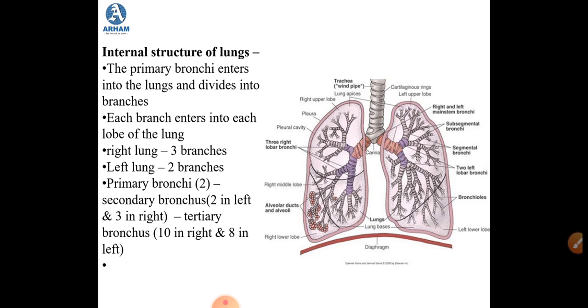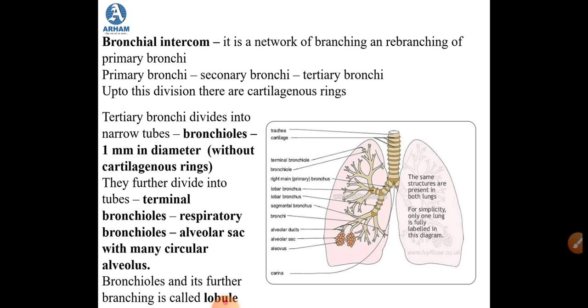There are 2 secondary bronchi in the left lung and 3 secondary bronchi in the right lung. Then these secondary bronchi lead into tertiary bronchi. The tertiary bronchi in the right lung are about 10 in number, whereas in the left lung there are about 8. The tertiary bronchi further divide into bronchioles.